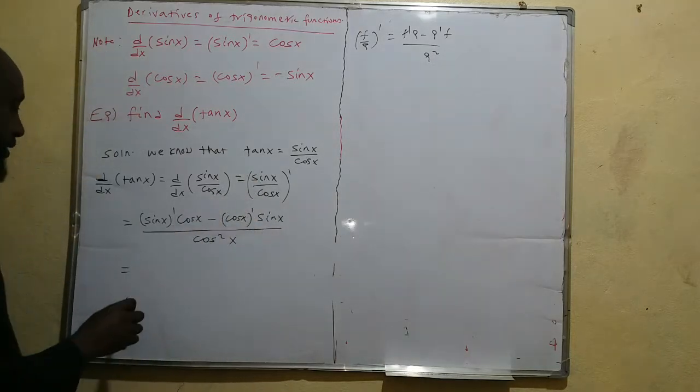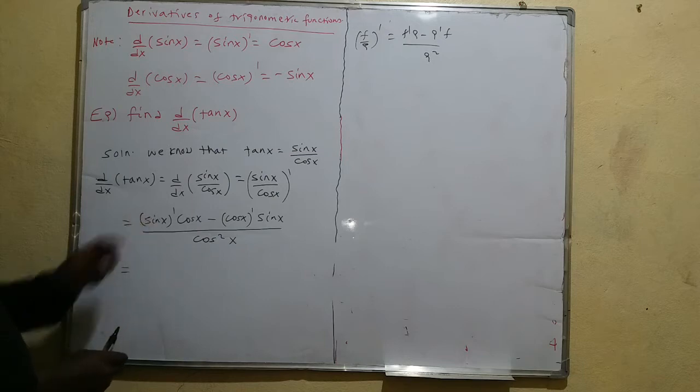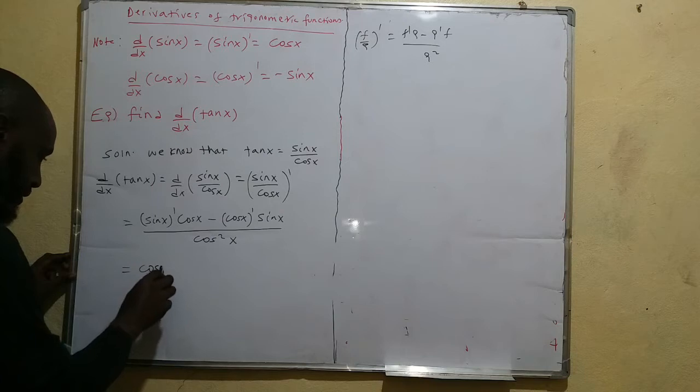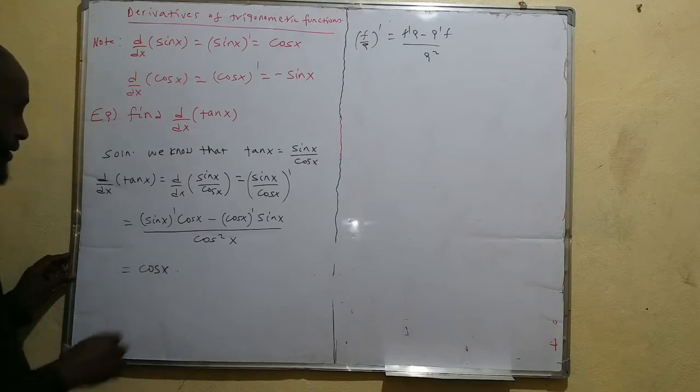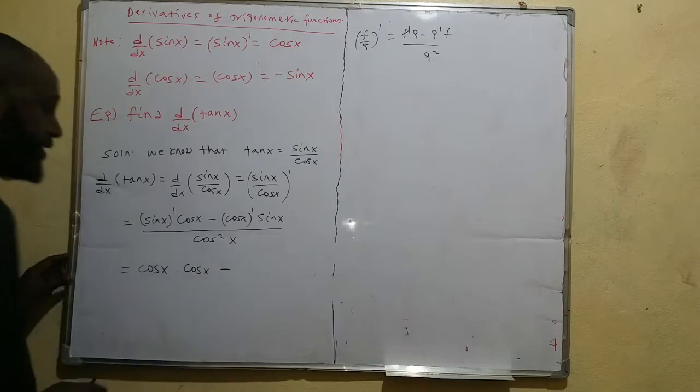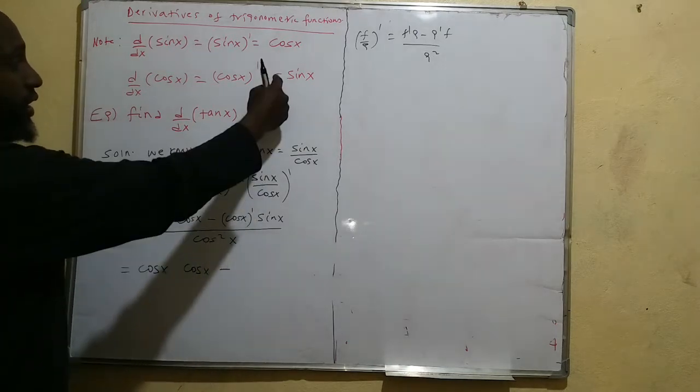The derivative of sin x is nothing but cos x. This is equal to cos x times cos x, minus cos x derivative, which is minus sin x.